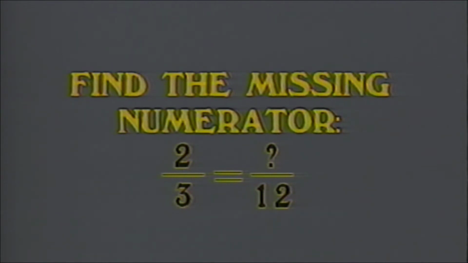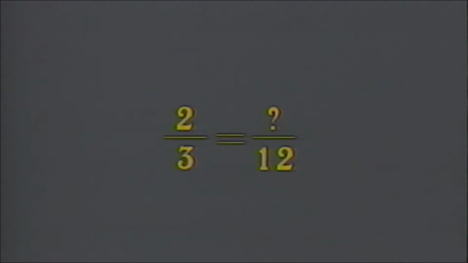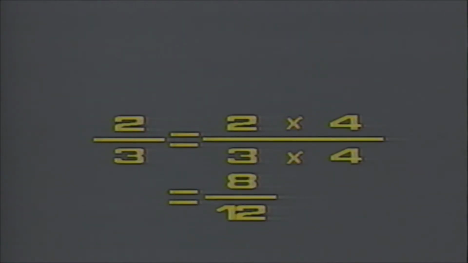Now, we know that we must find a number with which to multiply both numerator and denominator so that the new equivalent fraction has a denominator 12. What times 3, our original denominator, results in answer 12? 4, of course. 3 times 4 equals 12.